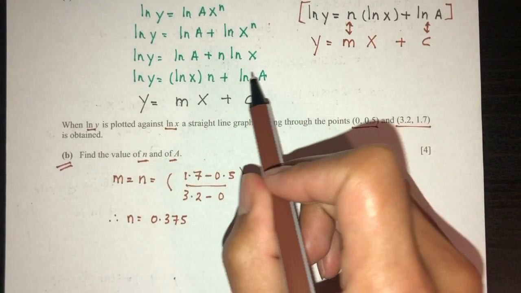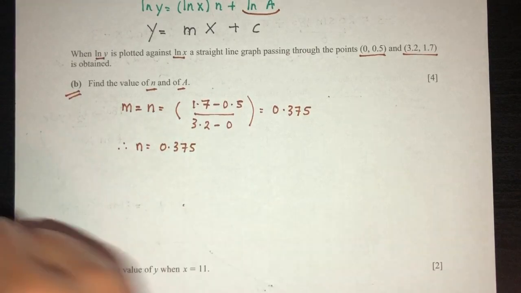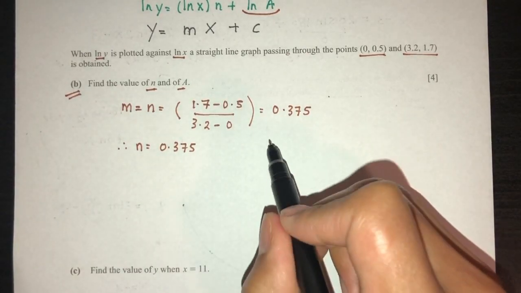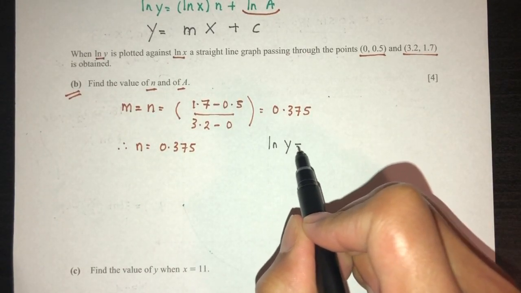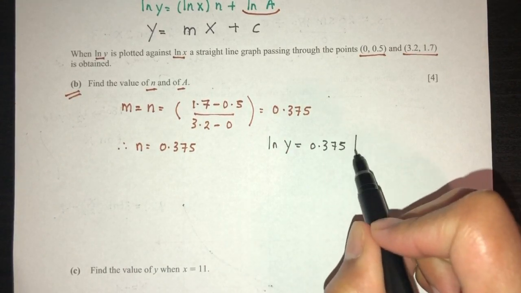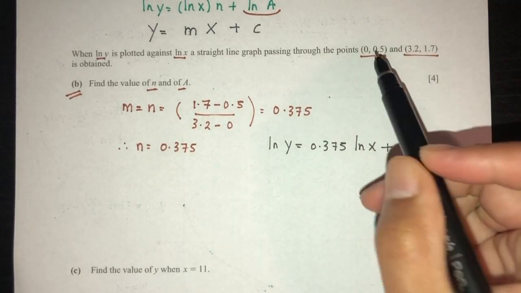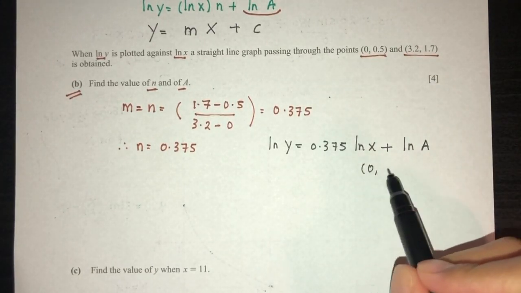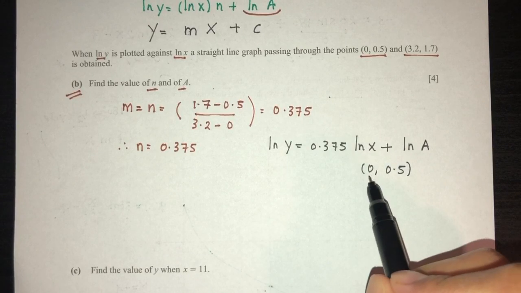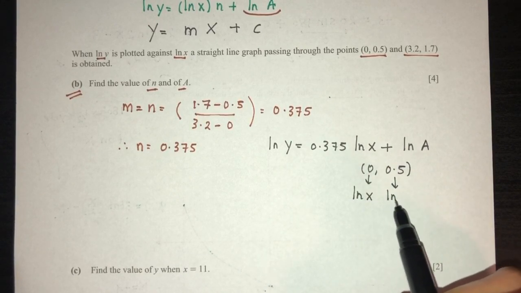Now what is the value of a? To find the value of a, we have to find the intercept, right? So using your equation, ln y equals n, we know it is 0.375 ln x plus ln a. Now using one of those points, 0 and 0.5, the first one should be ln x and this one is ln y.